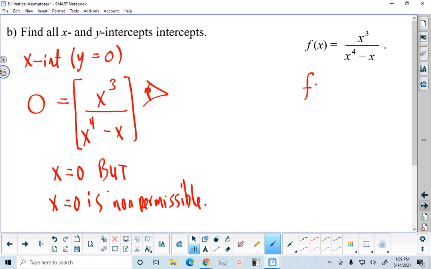This function has a factor of x in the denominator, which means x cannot equal 0. I know that that cancels, and as a result, we don't have a vertical asymptote there, but we still have a non-permissible value. How many of you do remember what's going to appear on the graph at that point?